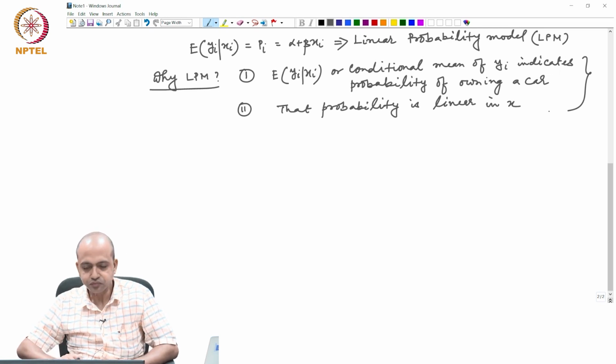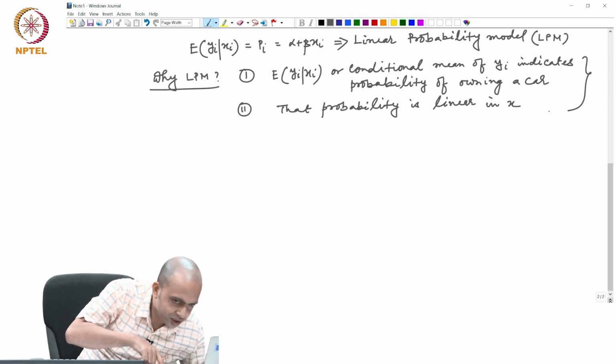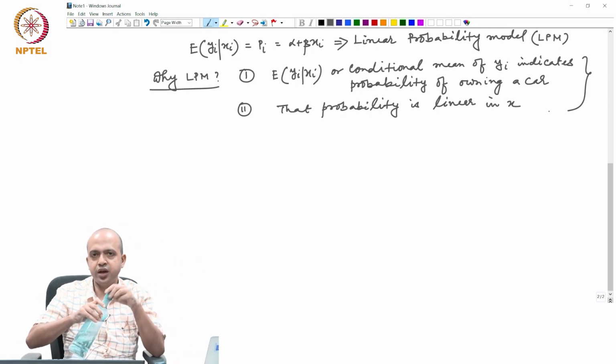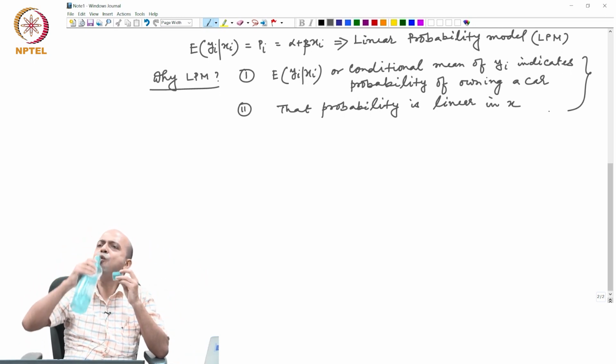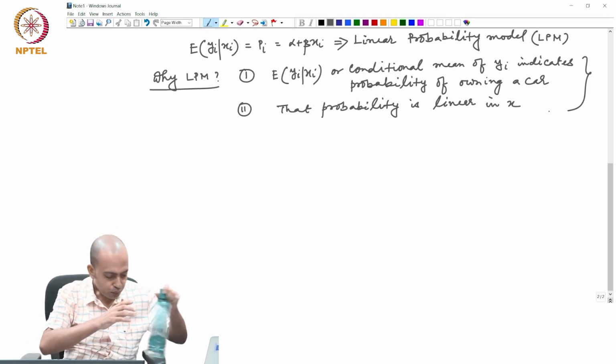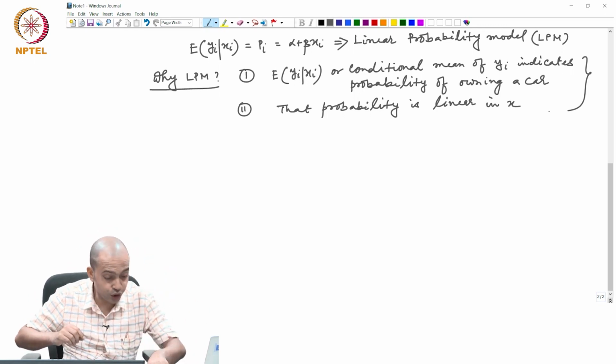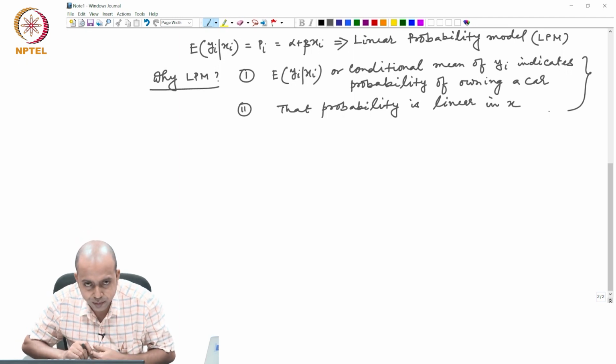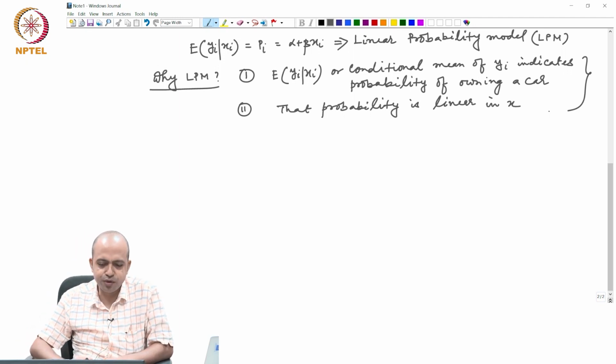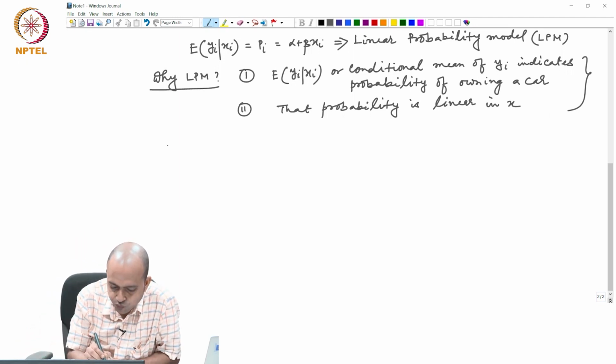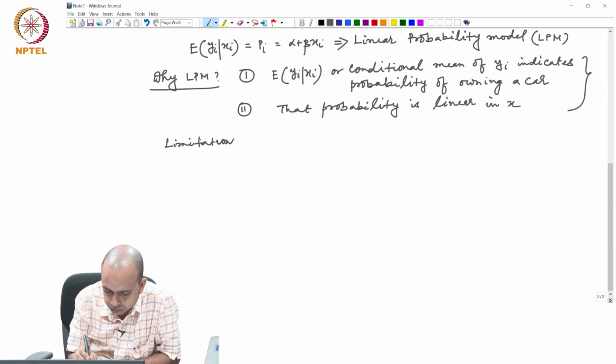That is all, right? Linear probability model. Now, though it is the starting point of the qualitative response models, it has some limitations. What are those? What are the limitations of LPM?